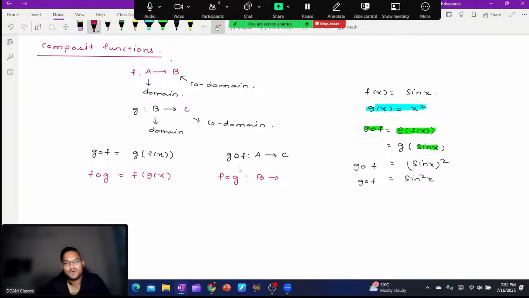Wait, it is coming wrong. G circle f: f is from A, so the output is C. For f circle g, g's input is B. We cannot find it in this case.